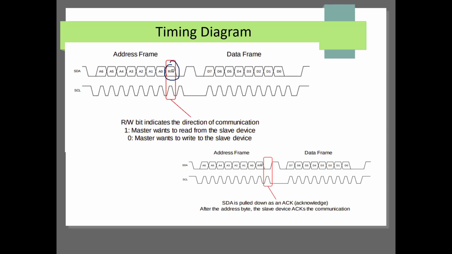That means it is doing the read operation. 0 means the master wants to send the data to the slave. That is the write operation.